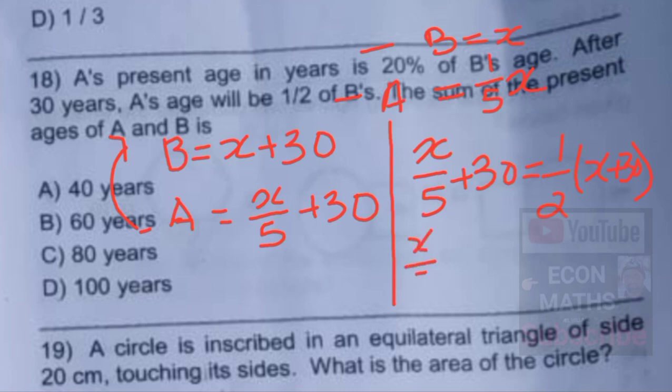Okay, now solving this will become x divided by 5, we transpose 1 by 2 x here, so this will become minus x divided by 2 is equal to, here 2 ones are 2, 2 fifteens are 30, so we have 15, and transposing this will become minus 30. Now 2x minus 5x is equal to minus 3x, so minus 3x divided by 10 is equal to 15 minus 30, which is minus 15.